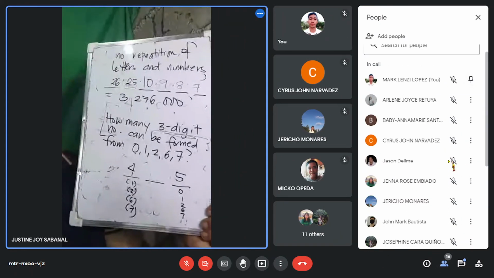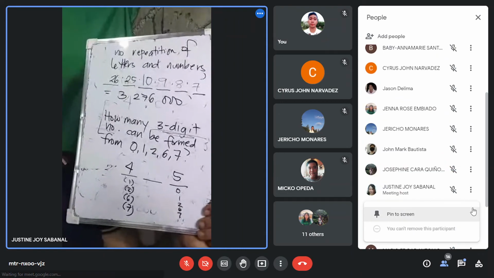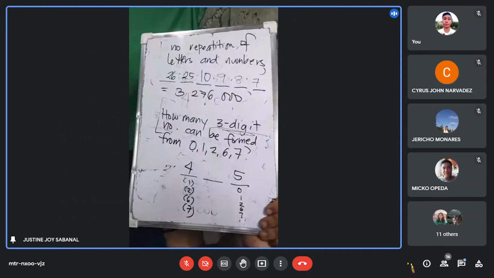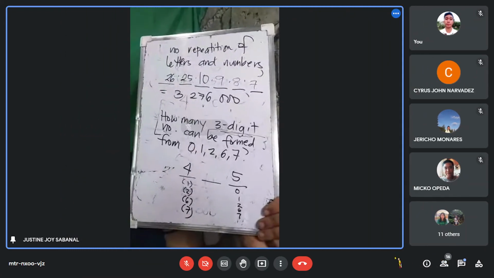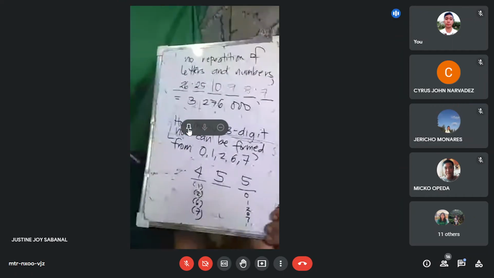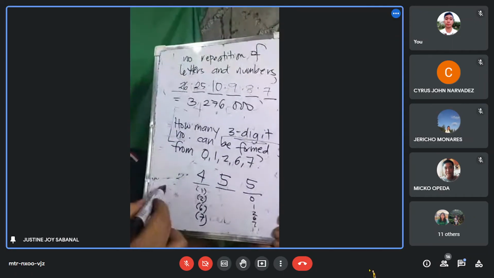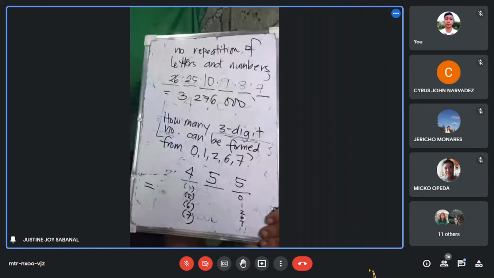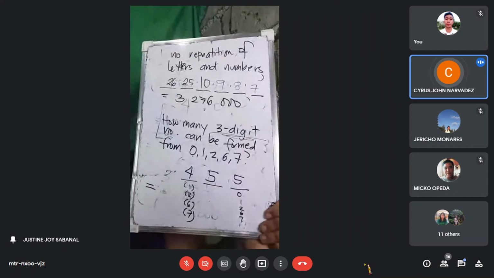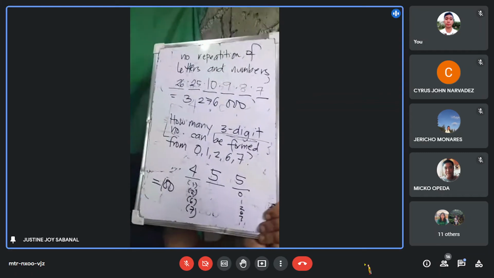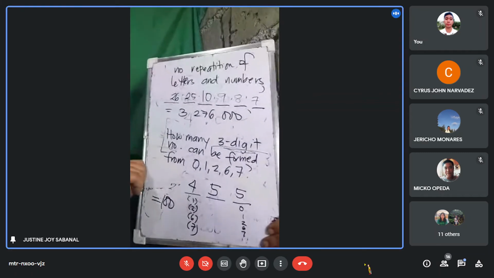Sa gitna, sa tens digit, ilan yung options natin? 5 din po. Okay po. So, paki-multiply, ilan possible 3-digit number yung ma-create natin? 100 po. Okay. So, we have 100 possible 3-digit number.